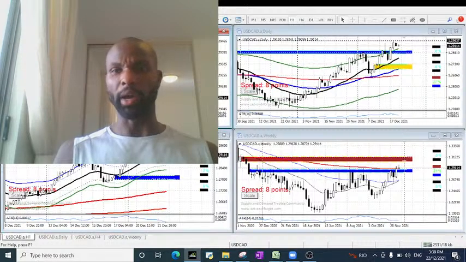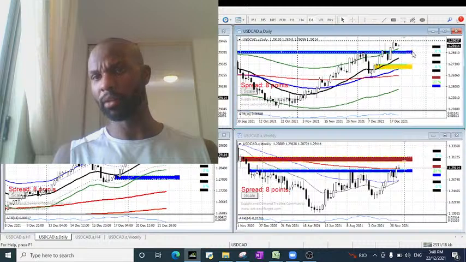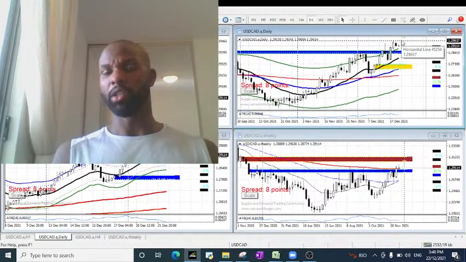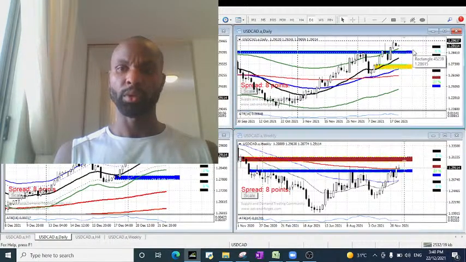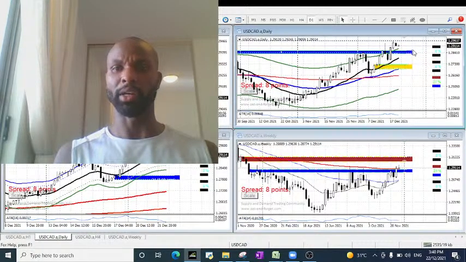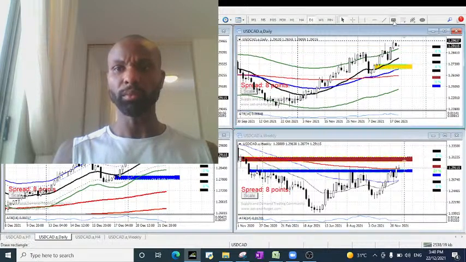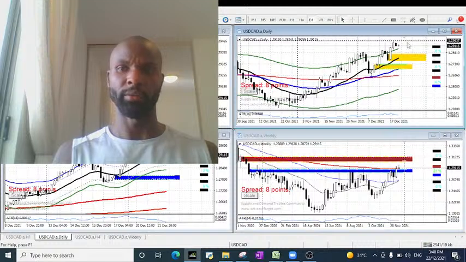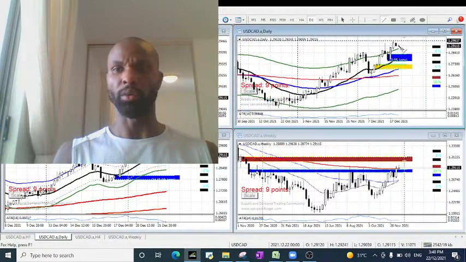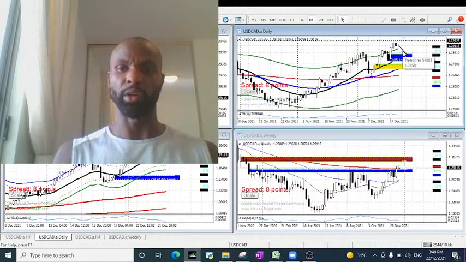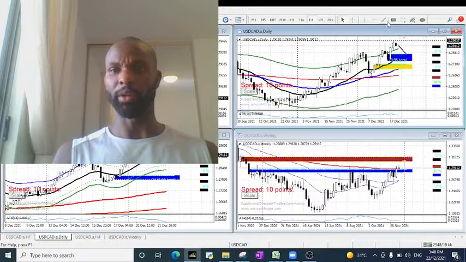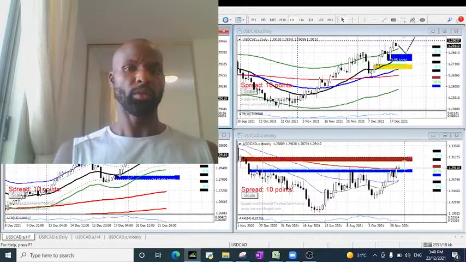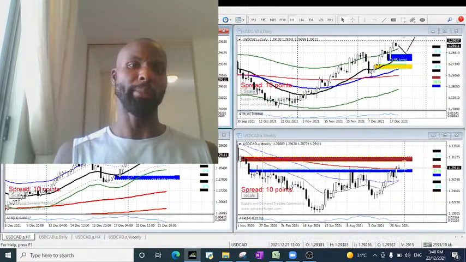Okay, yesterday I was hoping that USD CAD would push up to test this high, but that didn't happen. Instead, we have an inside bar. So my expectation now is that price might come down and retest this area. So we're probably not going to have a trade on this pair today. I'm expecting it maybe to come down here and start pushing higher. Of course, I'm still bullish. But the scenario we planned out for yesterday didn't happen, so there was no trade.